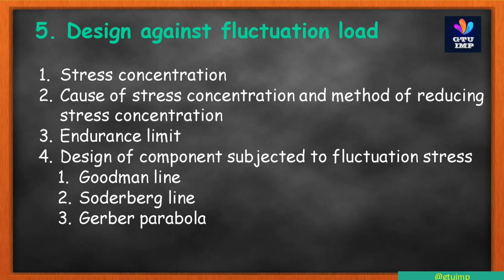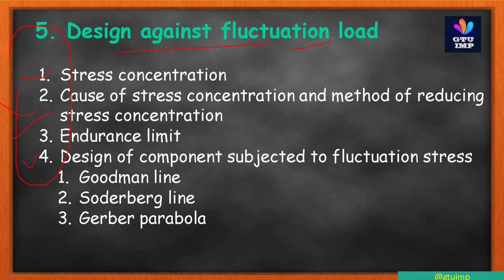Next is design against fluctuating load. These are the most repeated questions in this subject, only 4. First one is stress concentration. Second is the causes of stress concentration and methods of reducing stress concentration. Third one is the endurance limit.